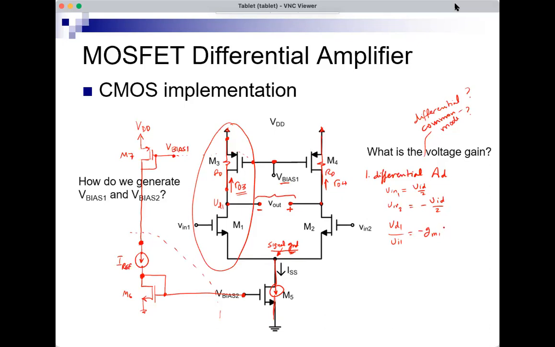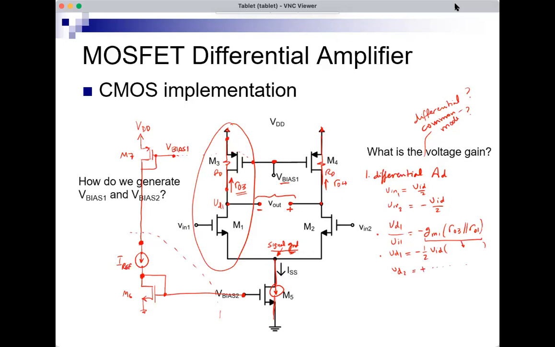But what is RD in this case? RD is actually ro3 parallel ro1. So that's VD1. And VI1 is VID over 2. So VD1 is minus 1/2 VID into this. VD2 is plus.